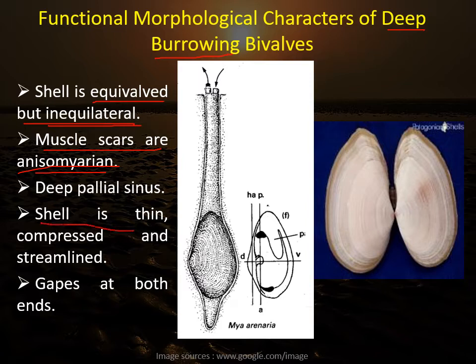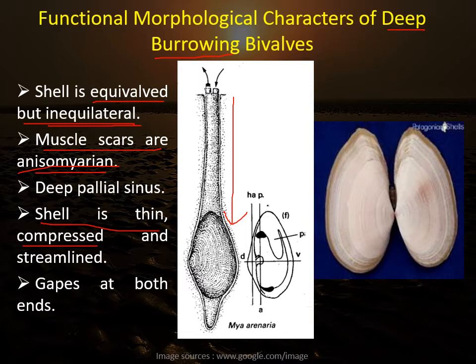The shell is thin, that means their shell thickness is low. They are compressed, that means the width of the bivalve is low, because they have to penetrate deep inside the sediment cover. If the width is high, then to go deep, for digging this much sediment, they require much energy and they have to create space for their position, removing lots of sediments.